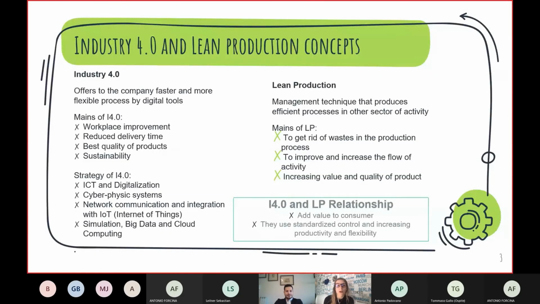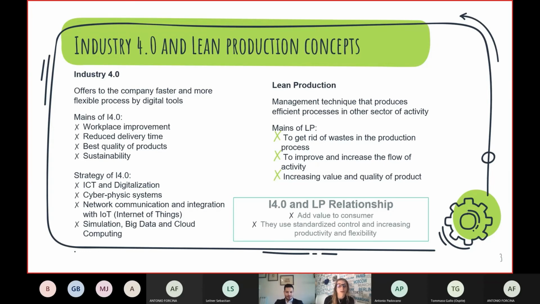Industry 4.0 and Lean Production concept. The concept of Industry 4.0 was born in 2011 at the Hannover Fair in Germany, but still today we haven't a definition of this concept. We can affirm that Industry 4.0 offers the company faster and more flexible processes through digital tools.